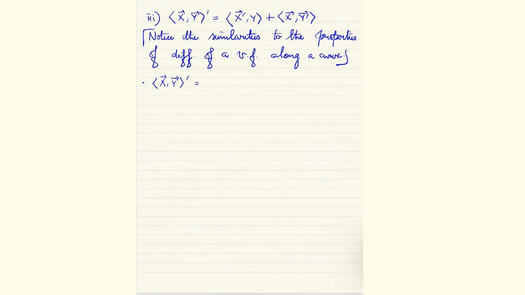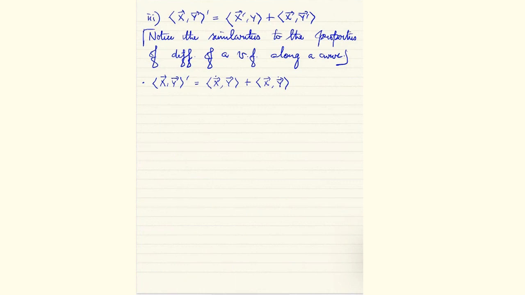The prime there denotes the usual derivative, and on the other hand, by definition, this is the derivative of this vector field along the curve. So that is a dot here, without projecting onto the tangent space. And this we already showed.